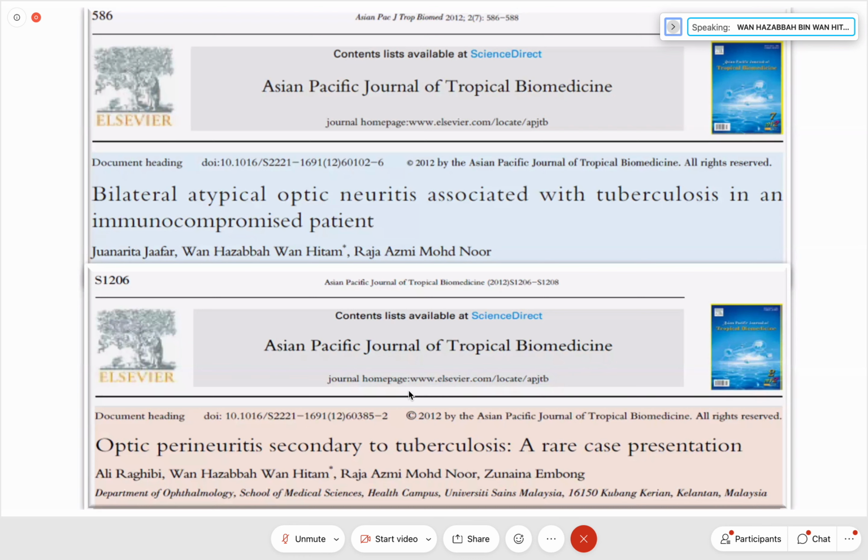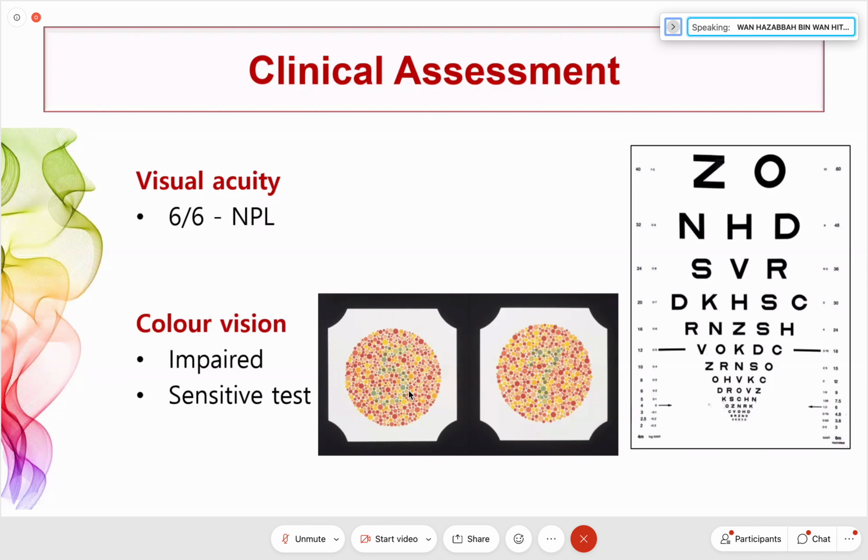Then what we reported a lot is actually atypical optic neuritis in infectious disease, especially tuberculosis in our setup. So we need to assess the patient properly, especially color vision. The vision might vary widely in presentation.